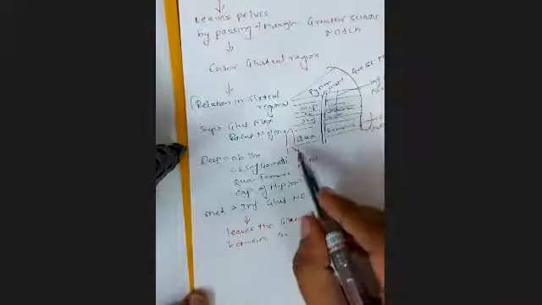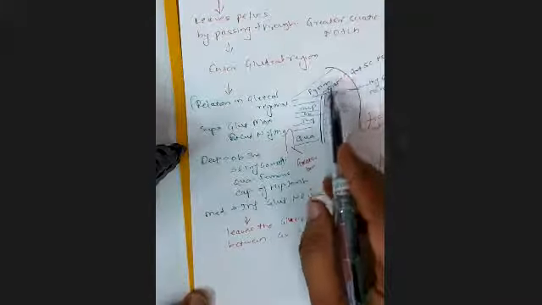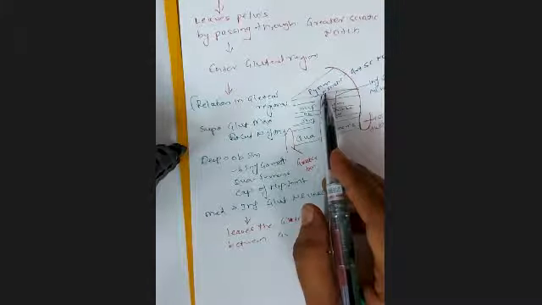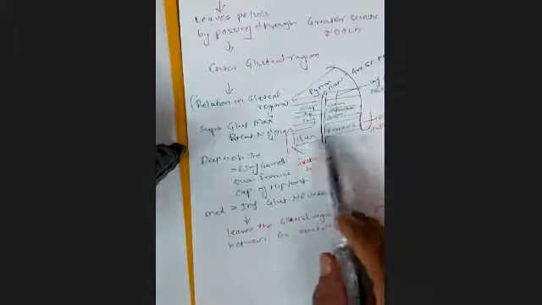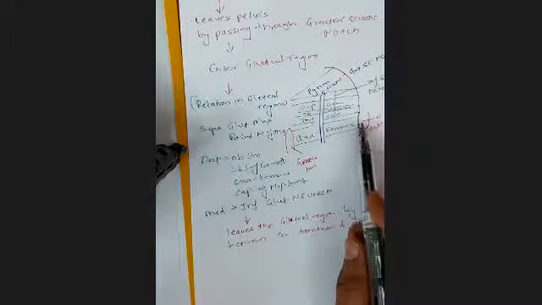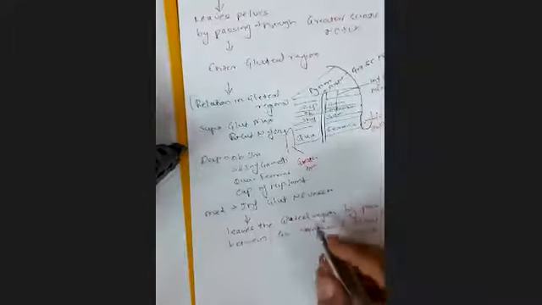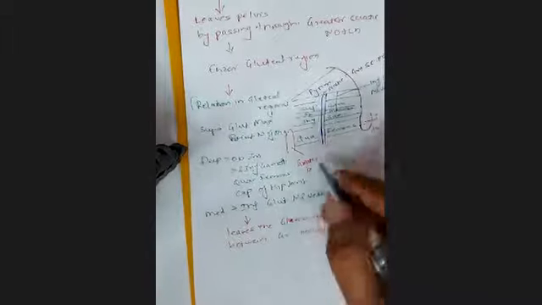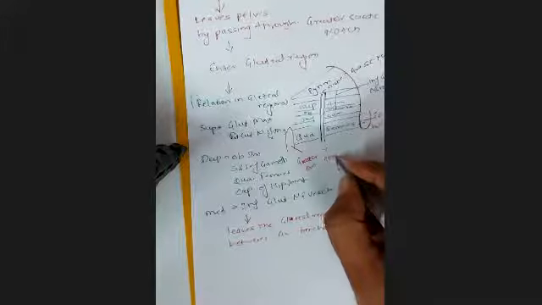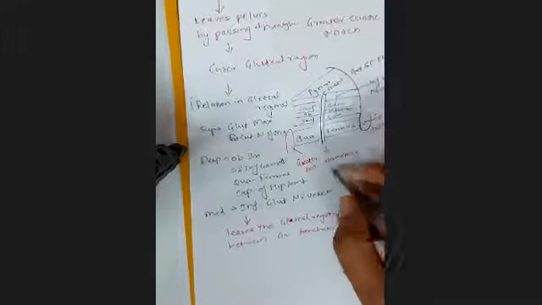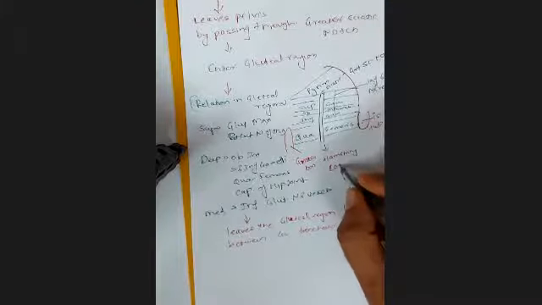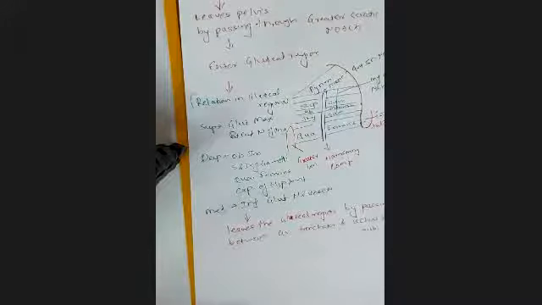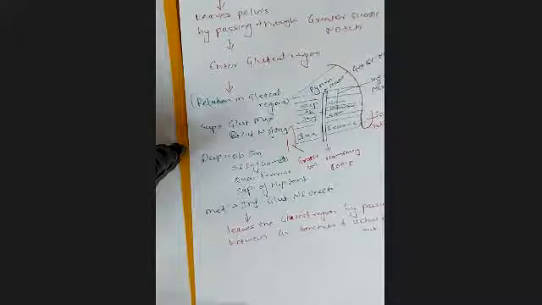So you can see it has entered the gluteal region by passing through the greater sciatic notch below the piriformis, and it is leaving the gluteal region by passing between the ischial tuberosity and the greater trochanter. Now it is entering the hamstring compartment, the posterior compartment of the thigh.